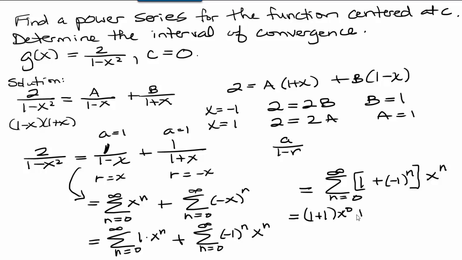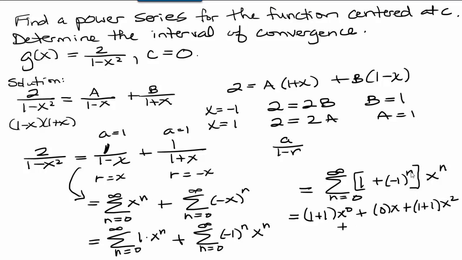And then plus the second term when n is 1, we would have 1 minus 1, which is going to be 0 times x to the first, plus when n is 2, we're going to have 1 plus negative 1 squared, so we're going to have 1 plus 1 again, or 2, times x squared. And this is going to keep happening as we go through the terms.